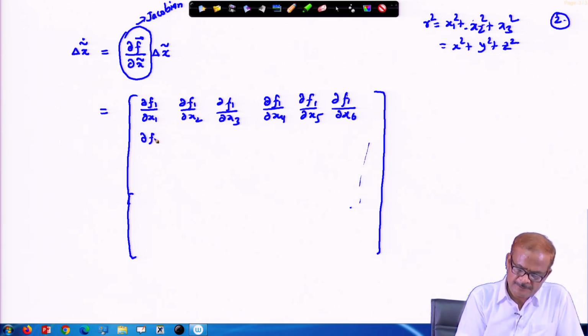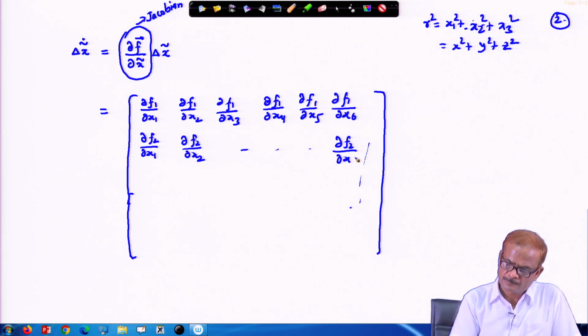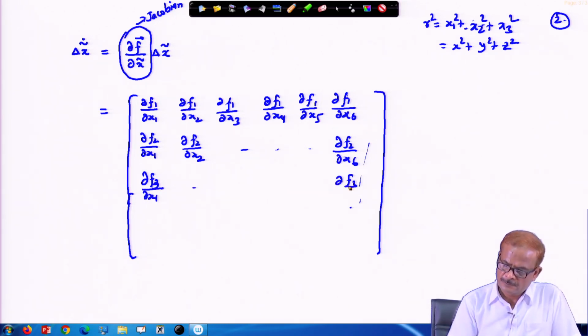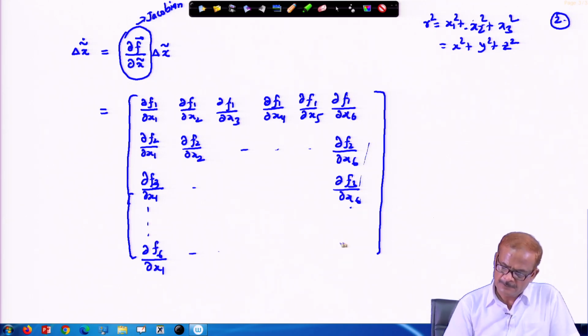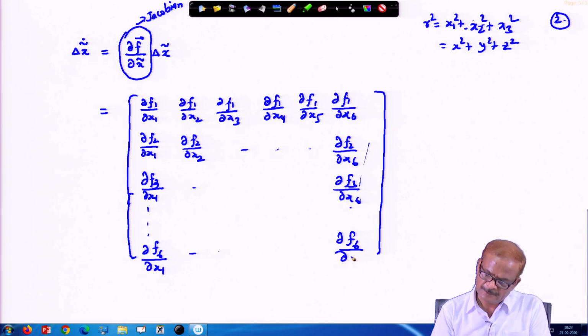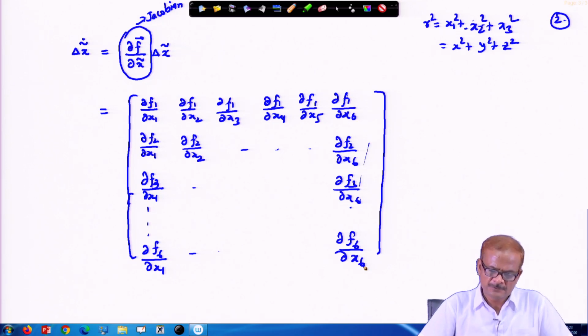Similarly, the other terms can be written: dou f 2 by dou x 1, dou x 2 and so on. Dou f 3 by dou x 1, and the last one will be dou f 6 by dou x 6. So, this forms the Jacobian matrix.